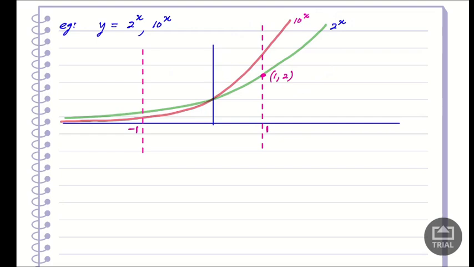The coordinate at that point would be 1 comma 10. Now, 10 is obviously greater than 2, so this point should definitely be on top of this point. That's why this curve is above the green one. That is how you explain it.